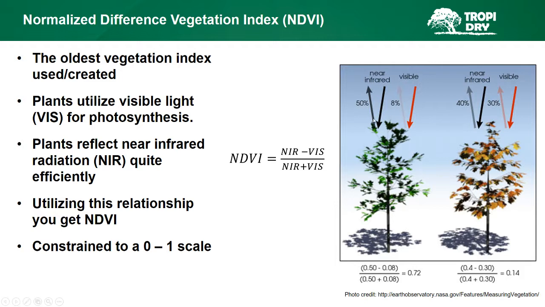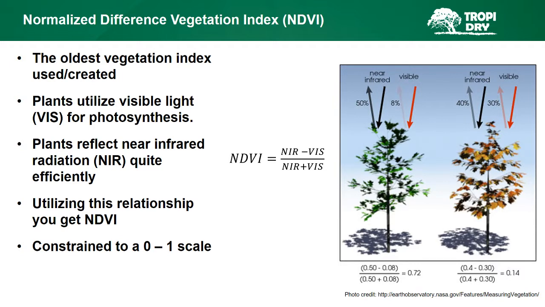And it turns out that when vegetation is green, it reflects near infrared radiation quite a lot, whilst it's absorbing the visible light radiation a lot. So if you take the ratio between the two, this is what gives you your NDVI.